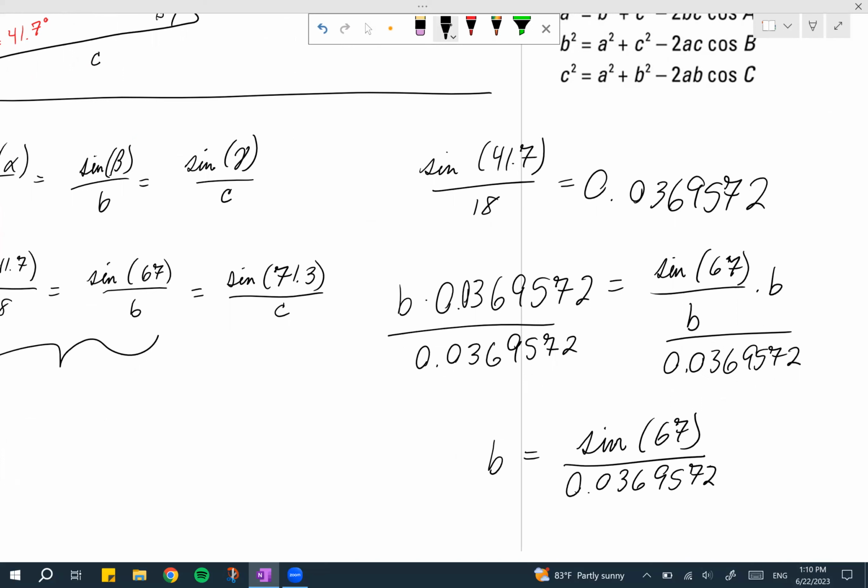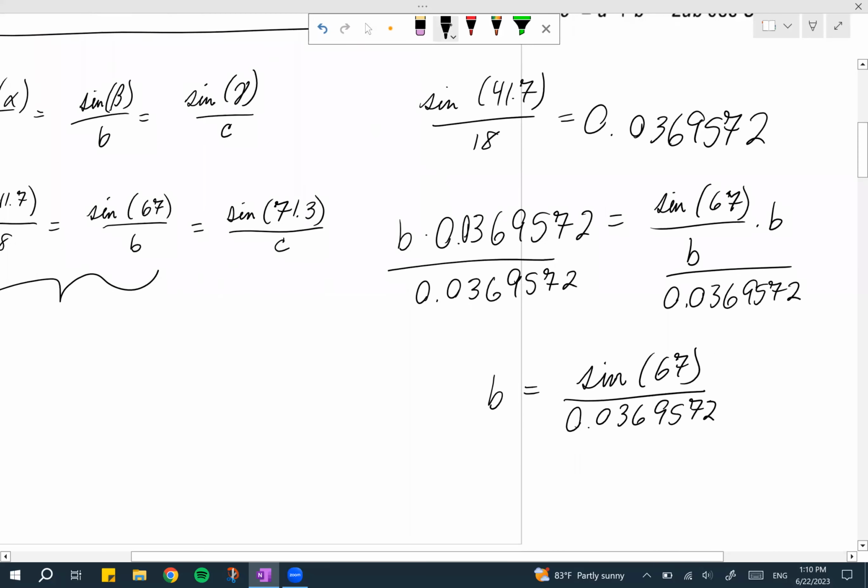So sine of 67 divided by what I got gives me side B is equal to 24.90729.